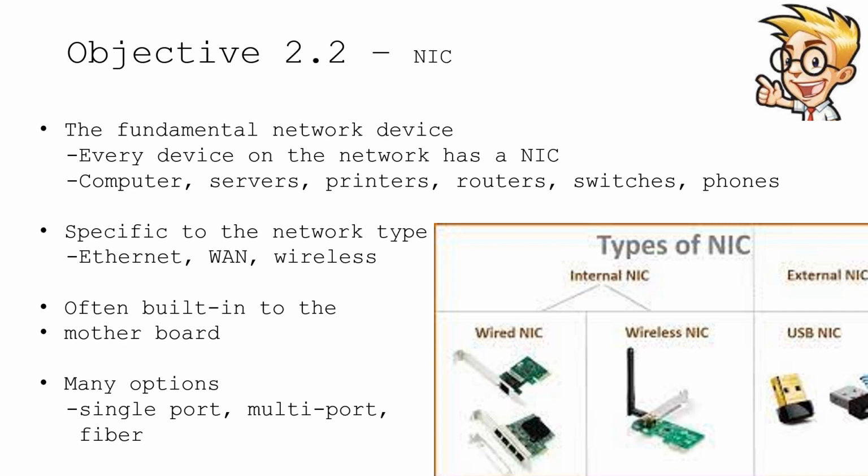It's specifically an Ethernet connection, or it could use a wireless NIC as well, like Wi-Fi. It's often built into motherboards when we do have this wireless connectivity, and there are many different options. You can use single port, you can use multi-port, you can use fiber as well.